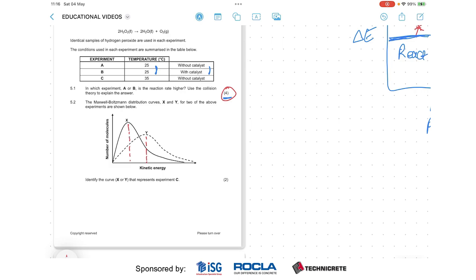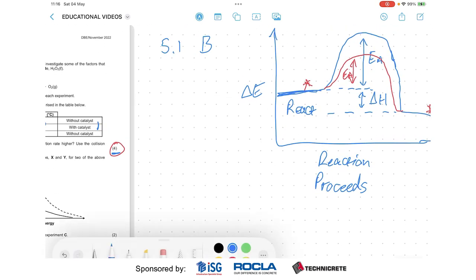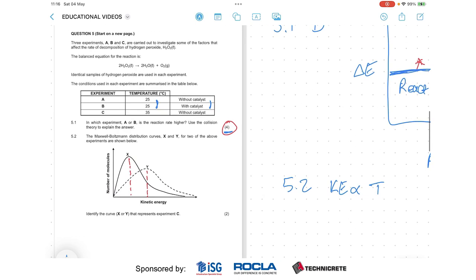If I'll just write 5.2 here. And the thing is, kinetic energy is related to temperature, yeah? So the reaction at the higher temperature would have the higher kinetic energy.